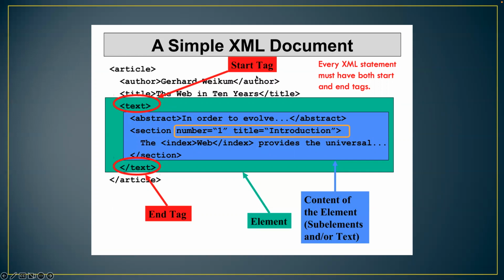And within a start and end tag is a statement, and like I mentioned, the statement has the element name, which is text, and then in the middle is the content or the value. But of course, here the text element contains some other sub elements, abstract and section.